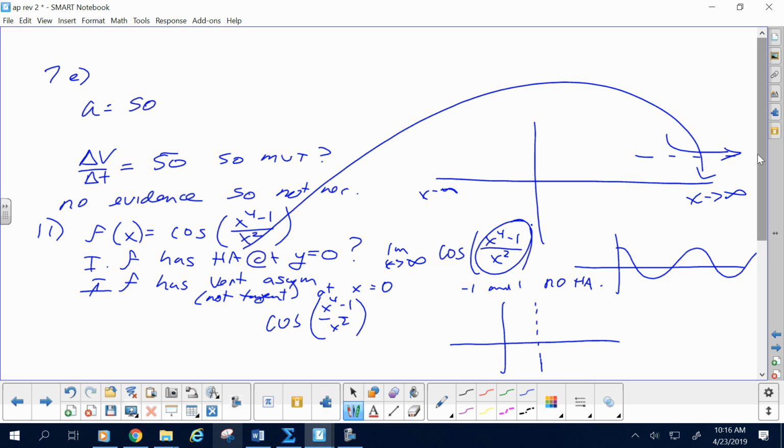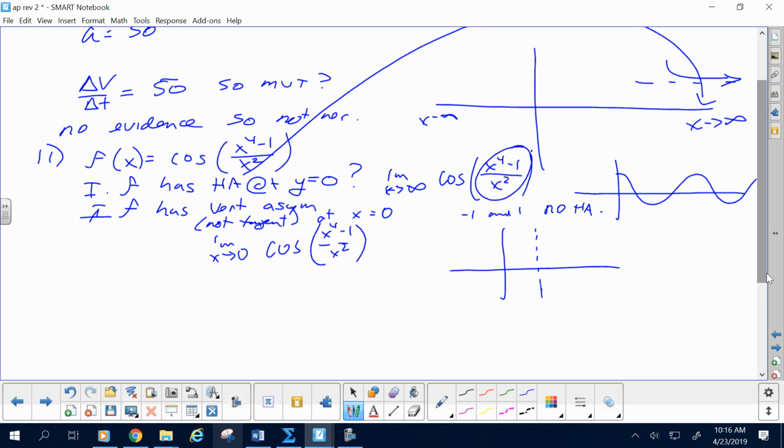So I'm thinking, well, maybe as x goes to 0, it's a vertical tangent because it's a 0 in the denominator. You with me? That's very logical. Here's the problem, though. At vertical tangents, the curves go infinite, yeah?